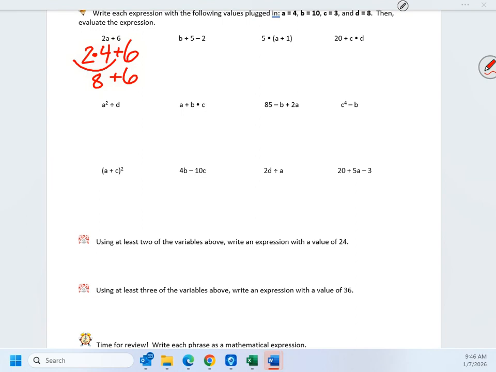I'm not doing chicken scratch writing all my different operations all over the place, because then we get confused. Okay, we write out our expression, we figure out what we're going to do, we bring down everything else in the expression, and then we do our next step. What's our next step? Michael? Addition. 8 plus 6 is 14. That's the last thing, there's nothing else to bring down, so that's my final answer.